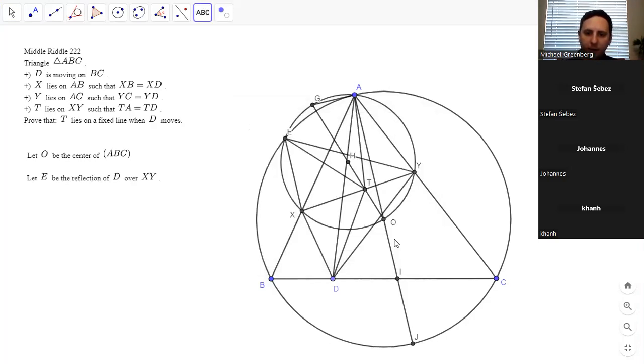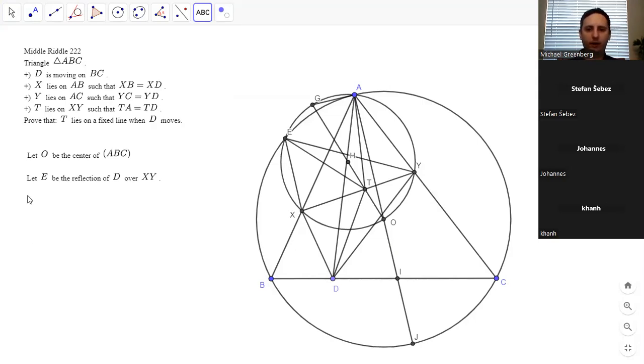And then we want to show E lies on the circle ABC. Angle XEY equals angle XDY equals angle XAY, by an angle chase.